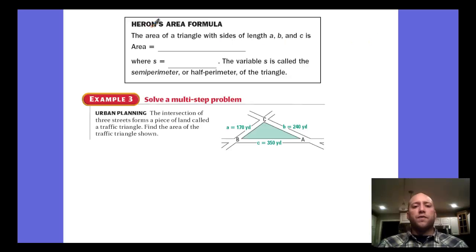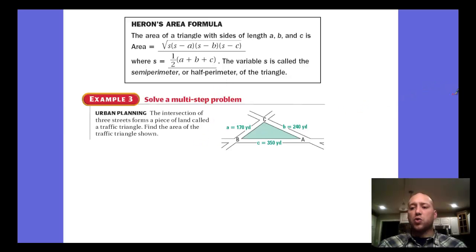Heron's area formula is another way to find the area of a triangle, and this is when you're given the three sides of the triangle. To find the area, it's the square root of s times s minus a times s minus b times s minus c, where s is what's called the semi-perimeter. It's half the perimeter of that triangle.